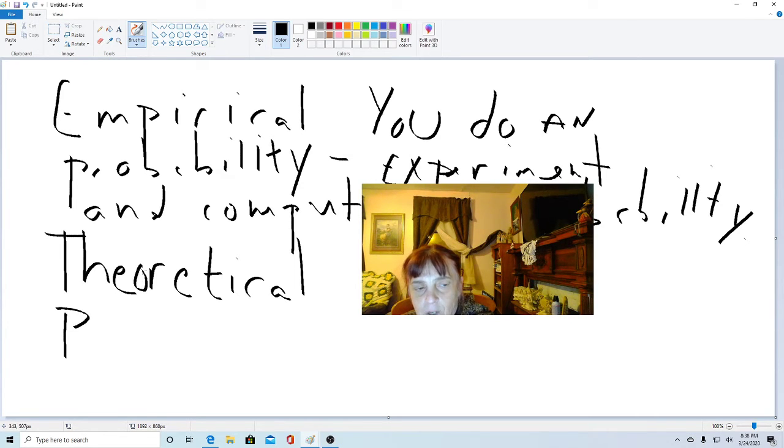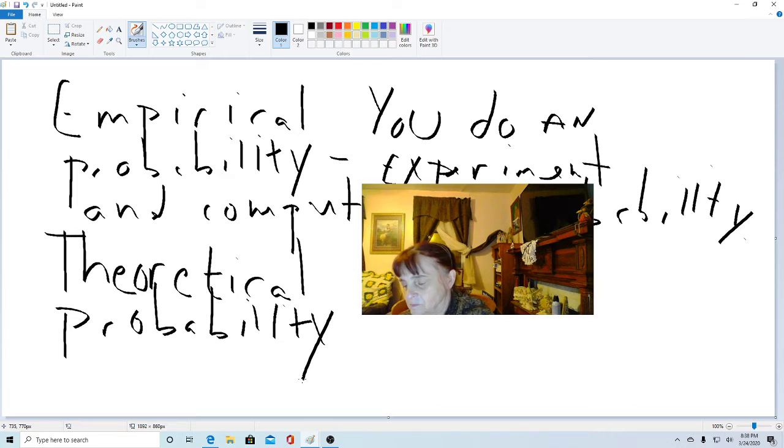I think there's an O here. Okay, you compute a probability.